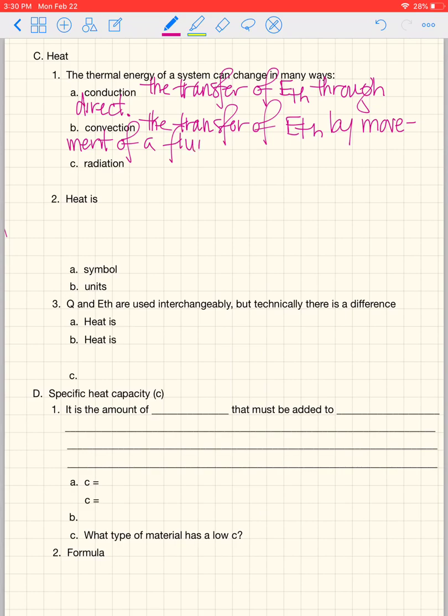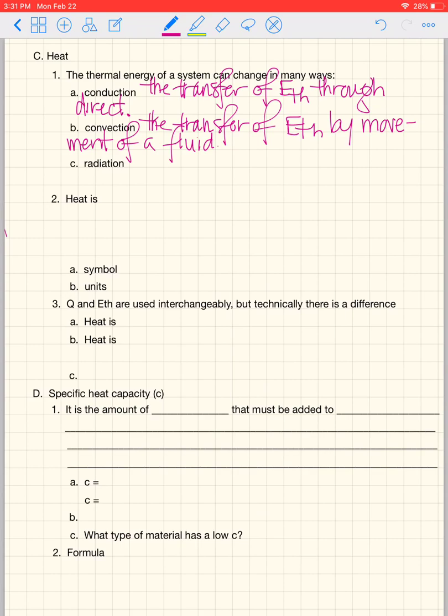So if you have, for example, forced air heat, then warm air is blown into the room, and as it moves through the room, it is transferring the thermal energy from the warm air to the things around it. So the motion of the fluid brings thermal energy into the system.